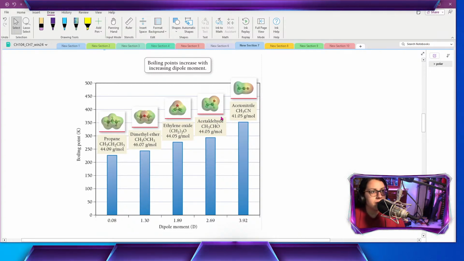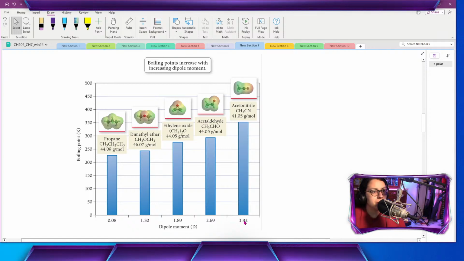Then acetaldehyde. So now our oxygen is more on one side, so even more polar, and again, higher boiling point. And then all the way to acetonitrile, where that nitrogen's on the end, and this nitrogen also has a lone pair. So again, fairly electronegative, that electron density map there.